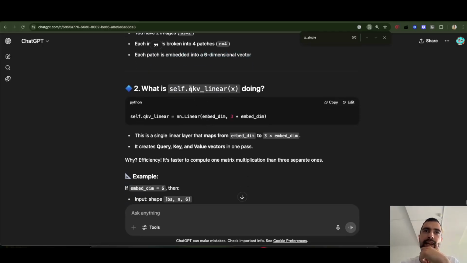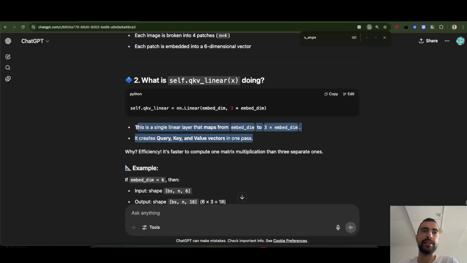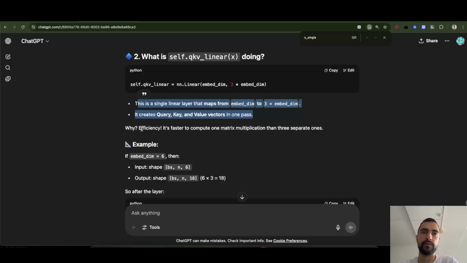And then this linear layer is a single linear layer that maps from embedding dimension to 3 times embedding dimension. It creates query, key, and value vectors in 1 pass. So this is the same as in language processing, in this attention mechanism. Why efficiency? It's faster to compute 1 matrix multiplication than 3 separate ones.